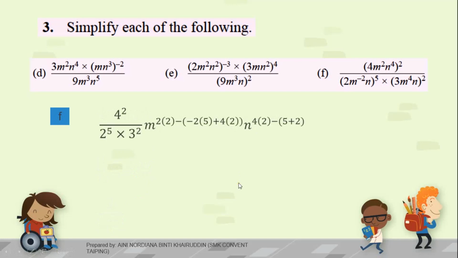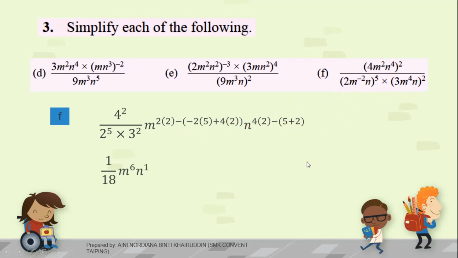Okay, for F, 4 squared divided by 2 to the power of 5 times 3 squared, m 2 times 2 minus negative 2 times 5 plus 4 times 2 n to the power of 4 times 2 minus 5 plus 2.